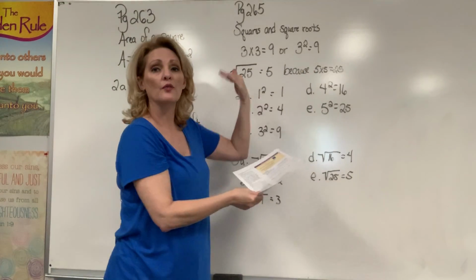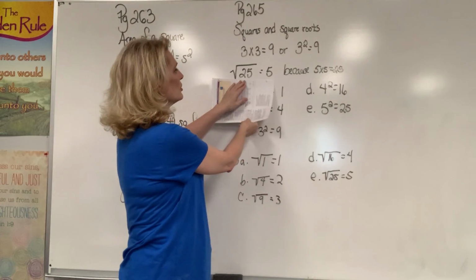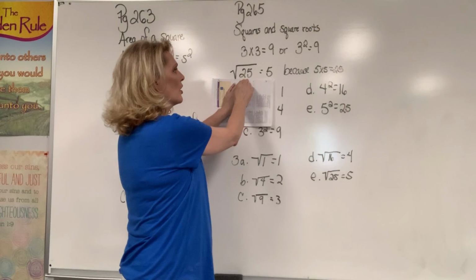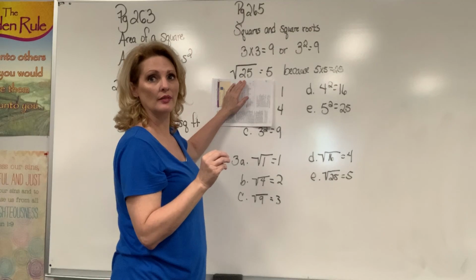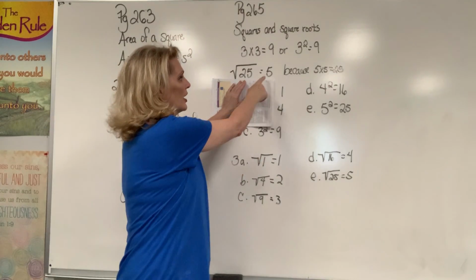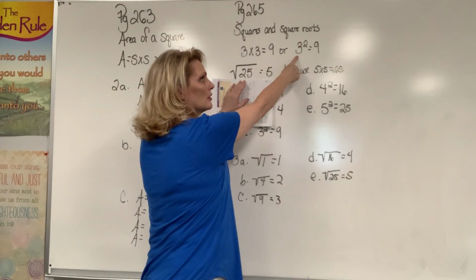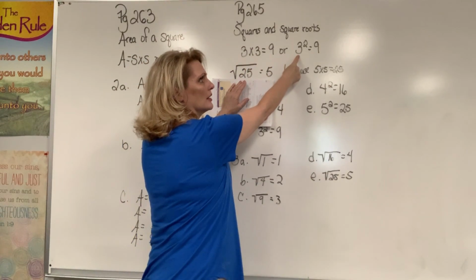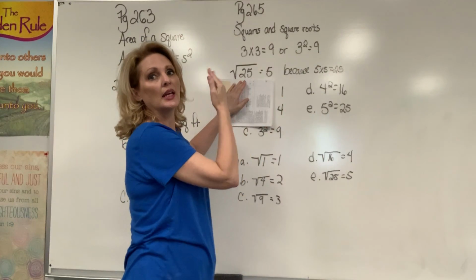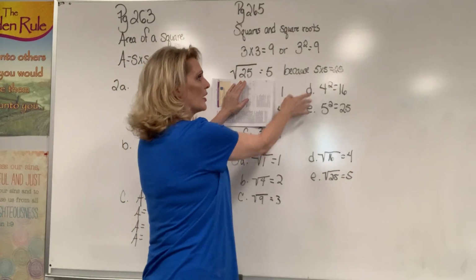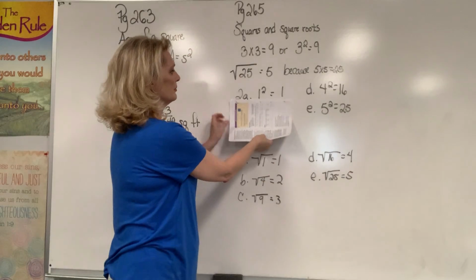The reverse of that is square roots. So you take your 25. What do you multiply by itself in order to get 25? 5. You're doing the total opposite from squaring. You're taking this answer and seeing what you multiply by itself to get that answer, because 5 times 5 equals 25.